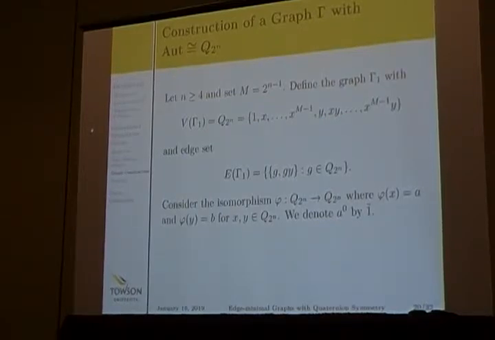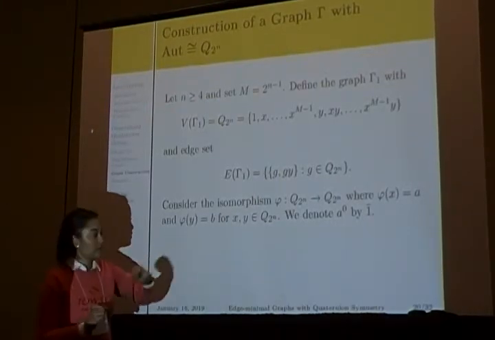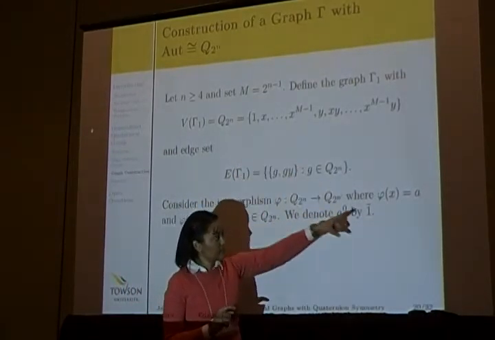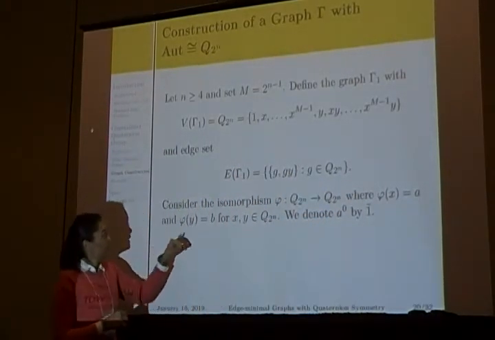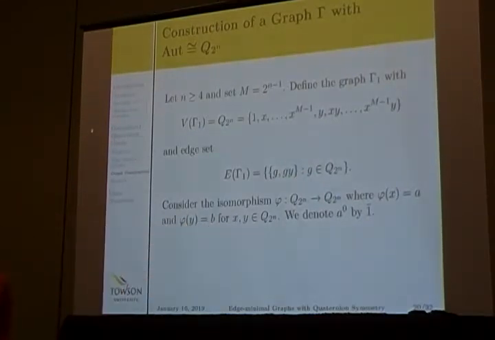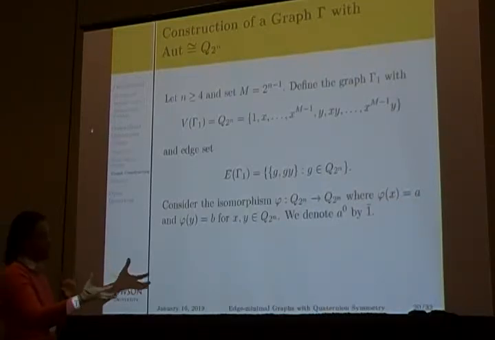In order to construct the other subgraph, we're going to have an isomorphism from the Quaternion group to itself. I'm going to send this element X to A and the element Y here to B, so essentially just relabeling those vertices. We're still having a Quaternion group.